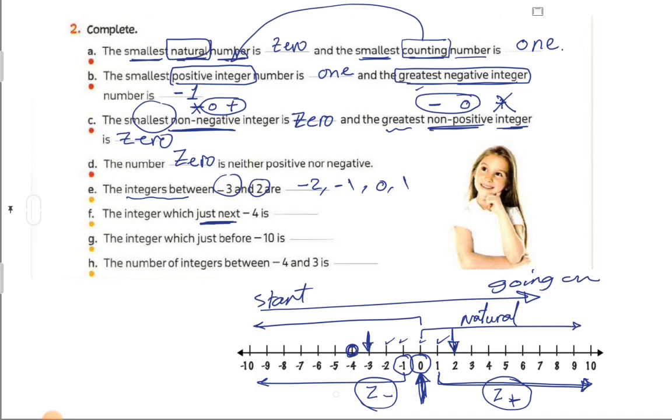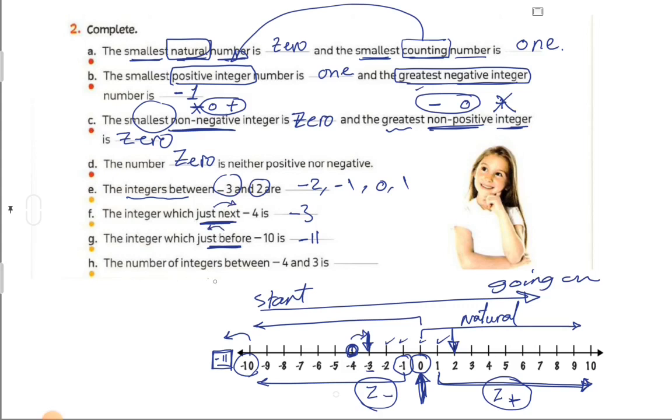Negative 4 is here. Next, move to the right and find negative 3. The integer which is just before: move to the left. Where is negative 10? Here. Move to the left. The integer here is negative 11. Just next, move to the right; just before, move to the left.